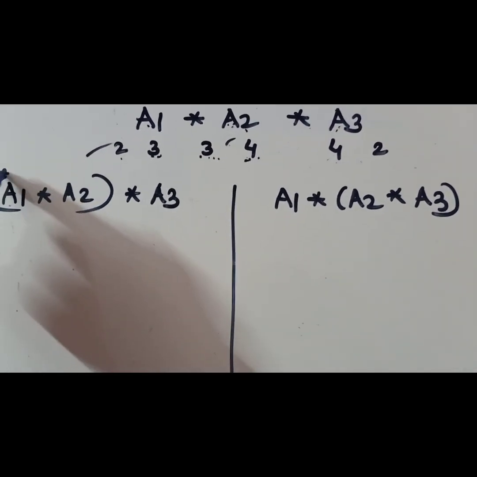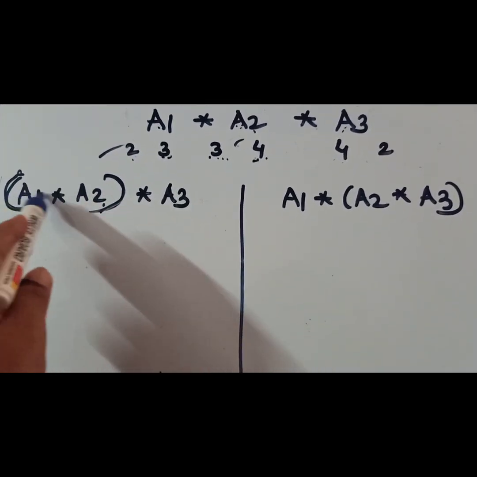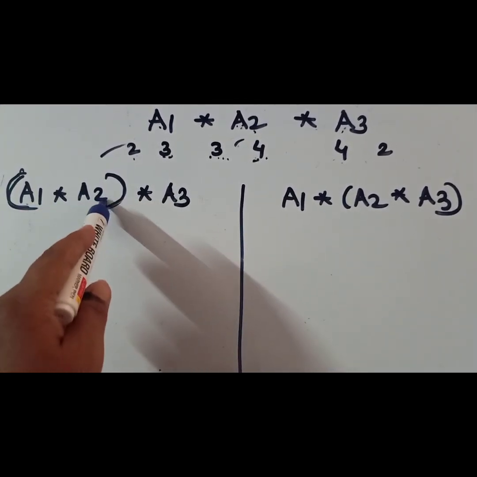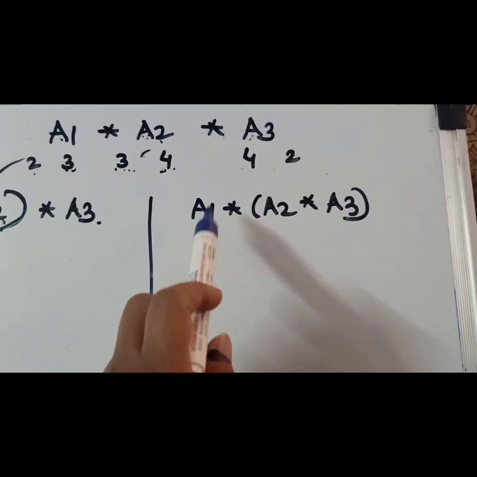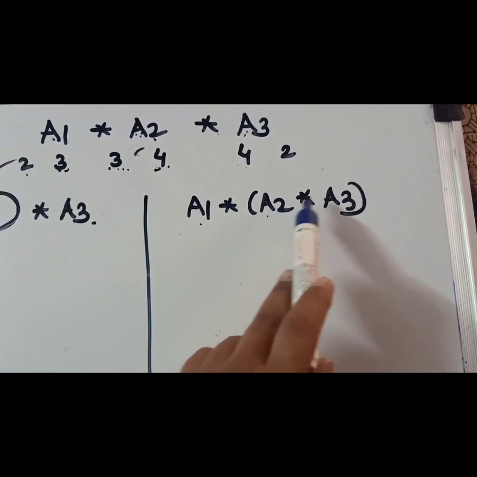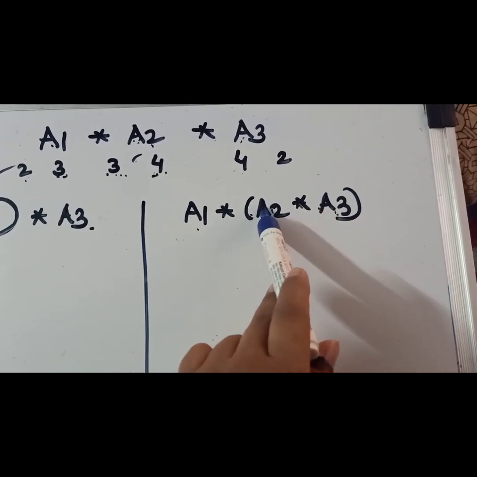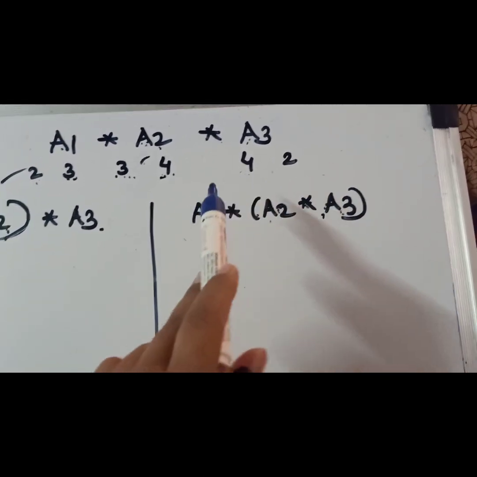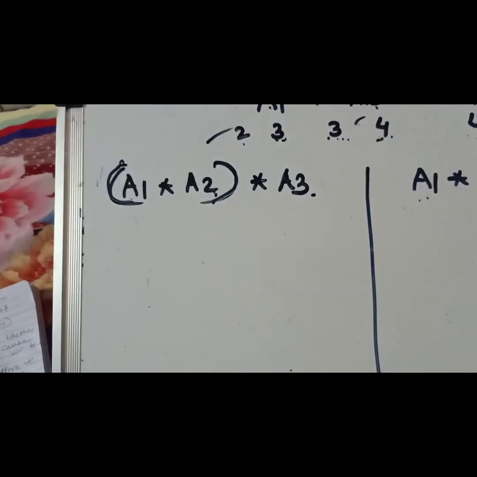We can take a parenthesis of A1 into A2, and multiply whatever the result of A1 and A2 is with A3. Or we take A1 separately and multiply A2 and A3, and whatever the result of this multiplication is, we multiply it with A1.